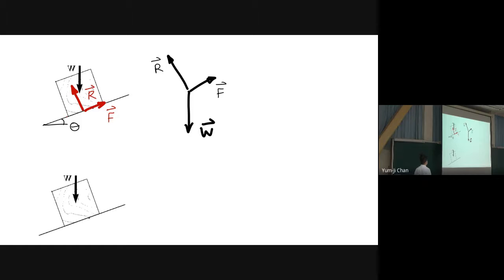If there is no motion, it is in equilibrium. Let's not look at W, and look at R and F. If it is in equilibrium, it means R plus F is equal to minus W, right?